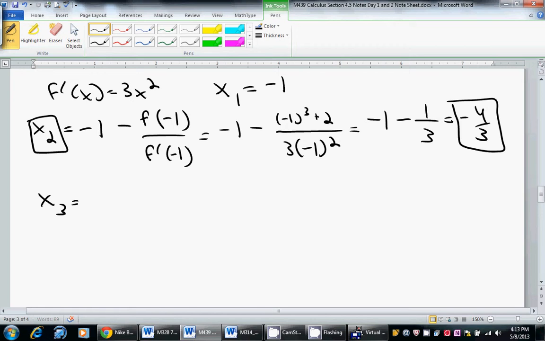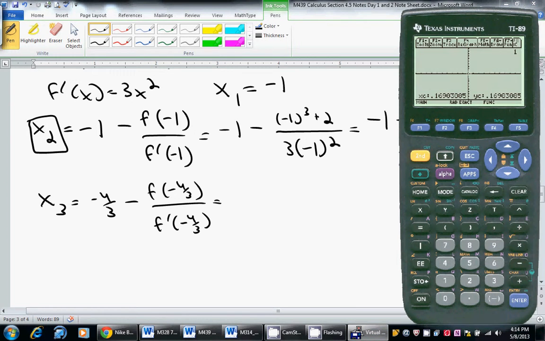So x sub 3 is going to equal x sub 2 minus f of x sub 2 over f prime of x sub 2. Now, this is going to become quite a pain. I'm not saying it's impossible. It's definitely possible, but we're going to use a calculator to help us out.